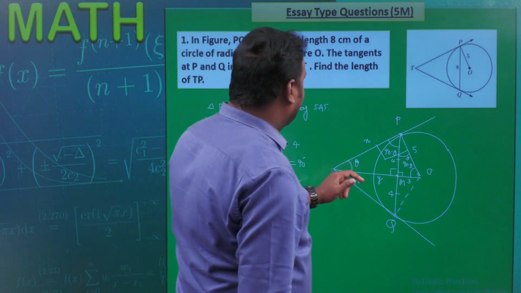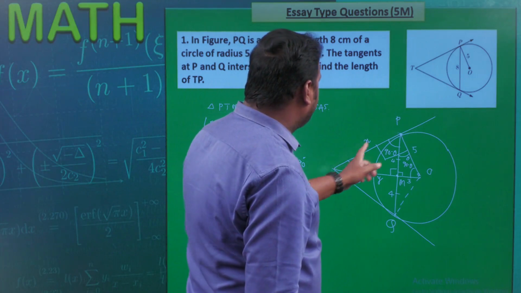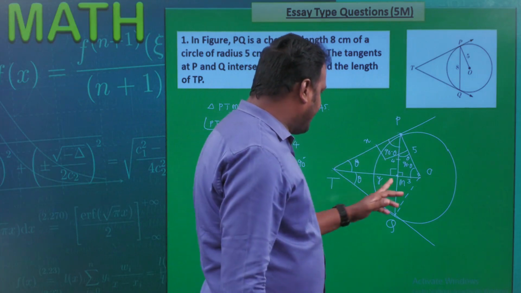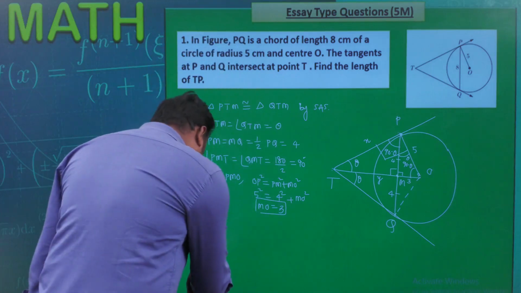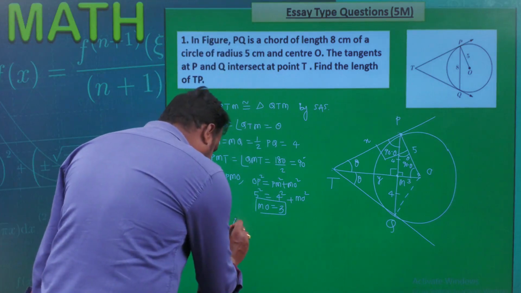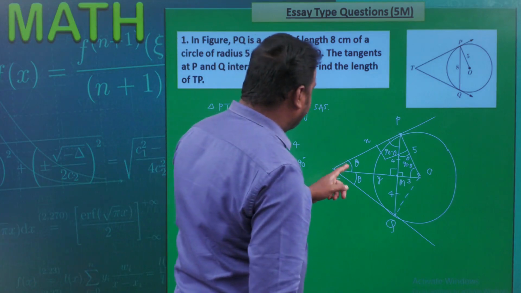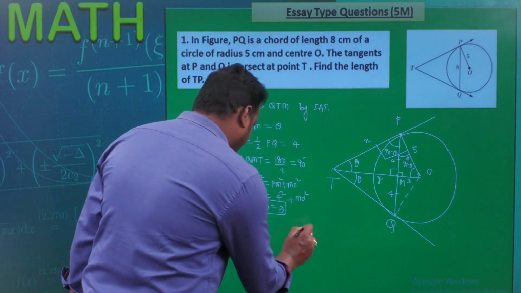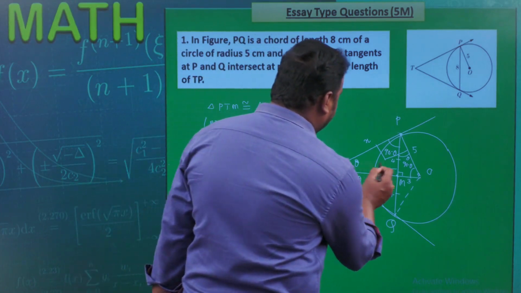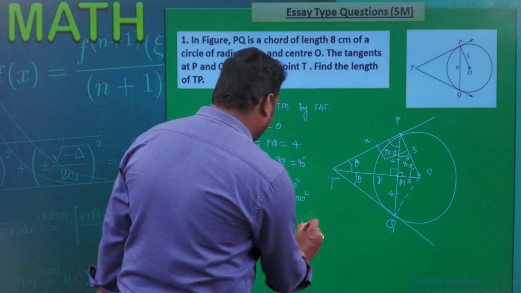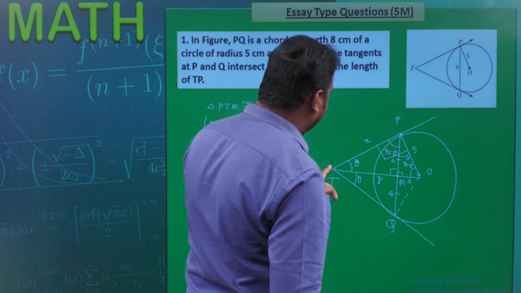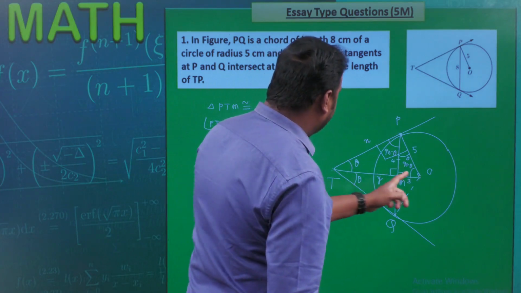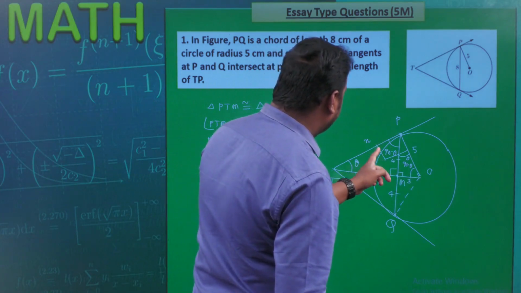So this is theta, in which triangle? Triangle TPO and triangle MPO. So those two triangles I will write in order. In triangle T, here T is equal to theta, here P is equal to theta. And in this entire triangle, it is 90 degrees.